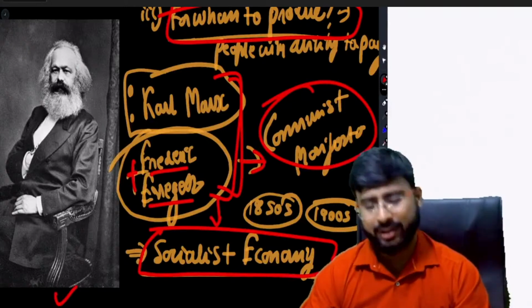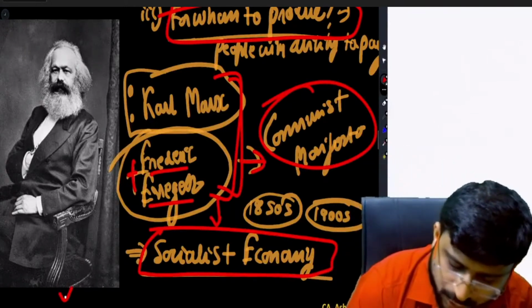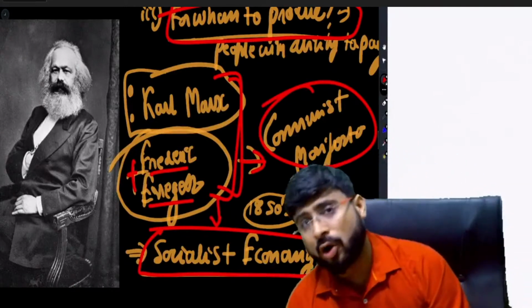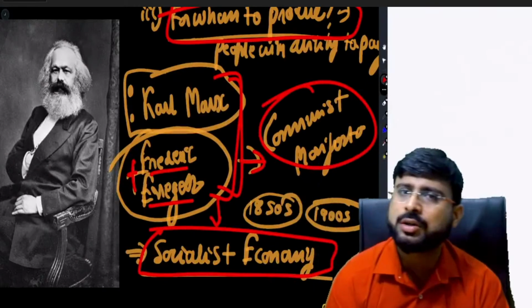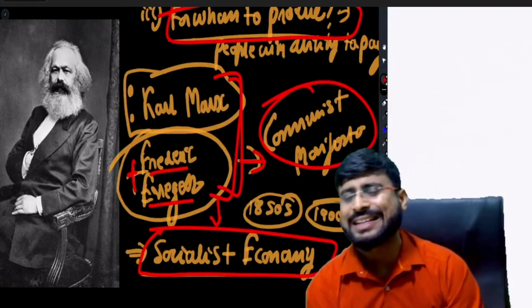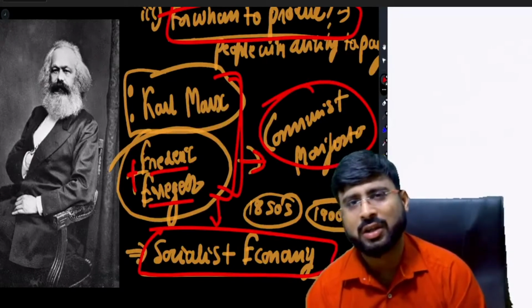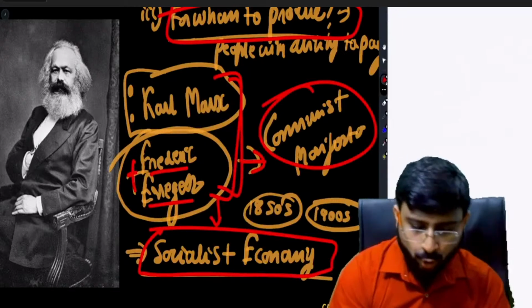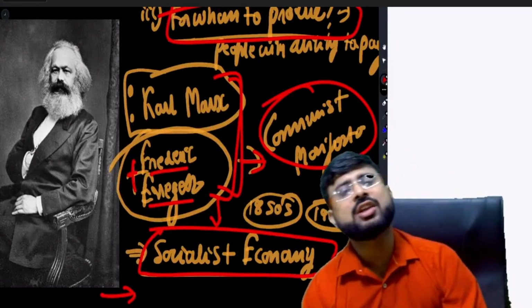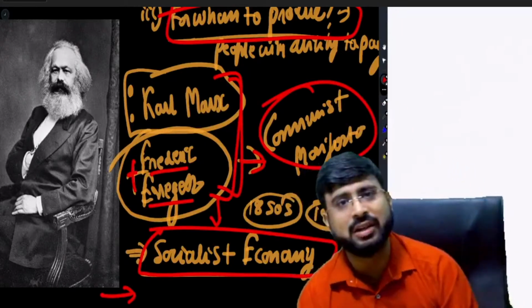Yes. You know why? Because Karl Marx was born during the 1800s, the time of the Industrial Revolution. Karl Marx had seen workers working for 14 to 16 hours in a factory.